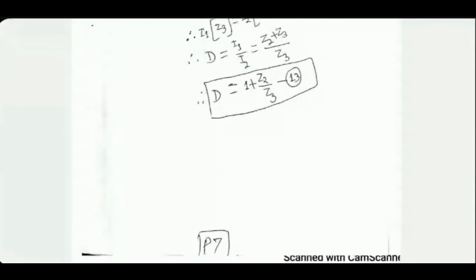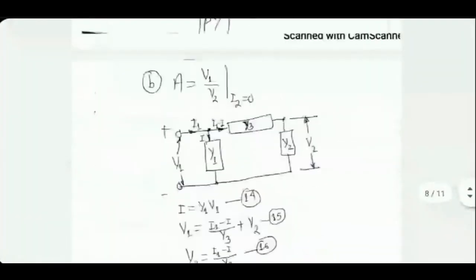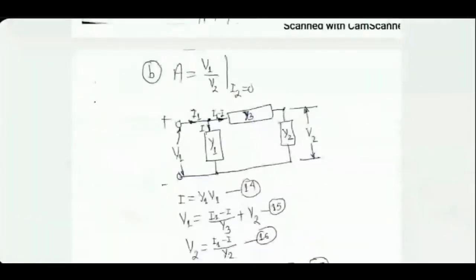Now, second part, where we have got a pi network. Again, you apply basic definitions. A is V1 divided by V2 when I2 is 0. Now, even when I2 is 0, you still have Y3 and Y2 present.